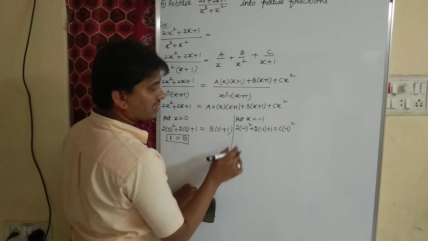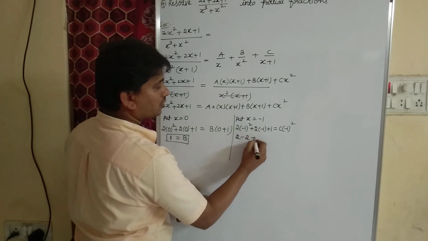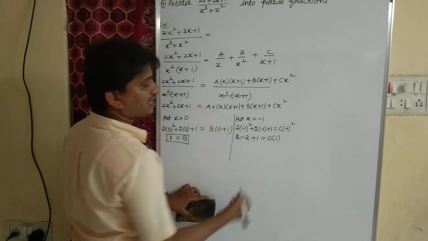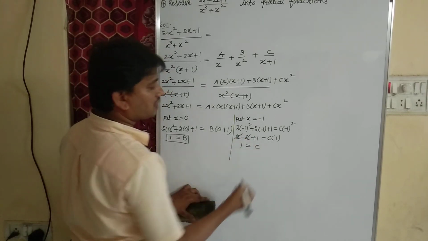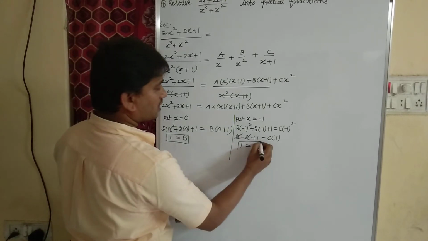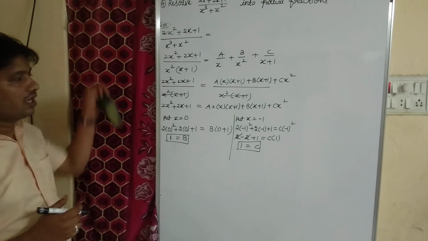Minus 1 whole square means plus 1, 2 into 1 is 2. Plus 2 into minus 1 is minus 2, plus 1 equal to c into 1, minus 1 whole square means 1 only. So plus 2 minus 2 cancel, 1 equal to c. You got the value of c equal to 1. But there is no possibility to find the value of a.